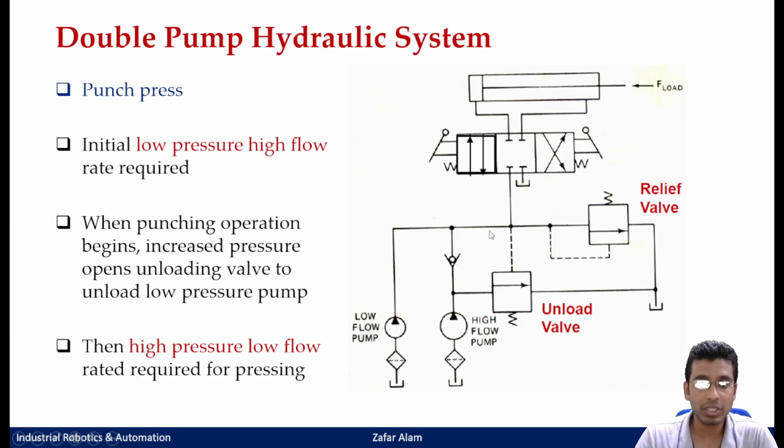The pressure would come here also, but the relief valve is set at 180 bar, so it would not open. However, your unload valve is set at, say, 20 to 30 bar, so of course this will open and your low pressure pump would get unloaded, and this would drain out here to the reservoir.